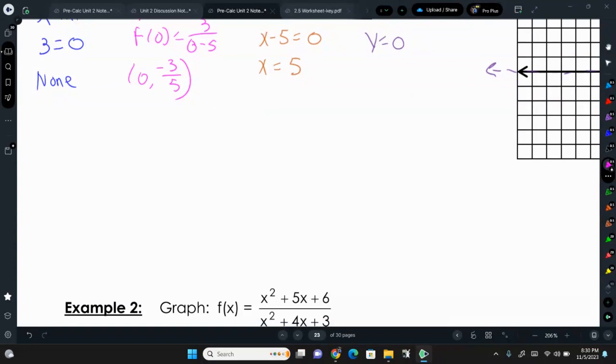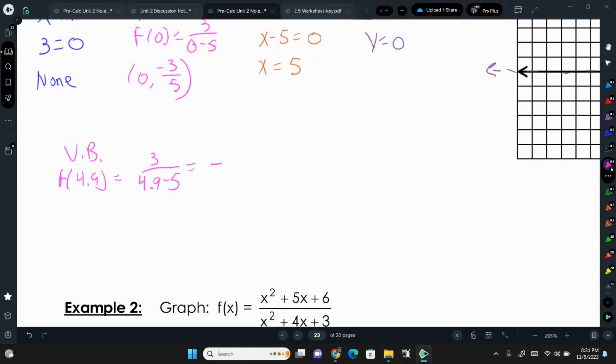So our vertical behavior, f of 4.9 equals 3 over 4.9 minus 5. So yes, you can use a calculator if you want, but I know that the numerator is positive. The denominator is going to be negative because 4.9 minus 5 is going to give us a negative number.